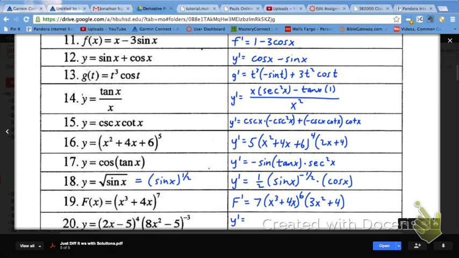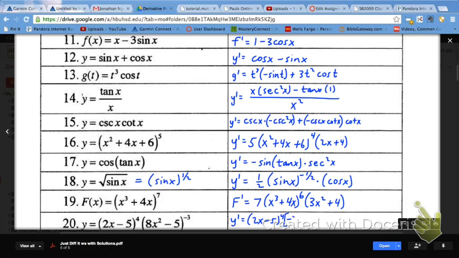The derivative of the product is the first function, again, which is here in this case 2x minus 5 to the 4th power, times the derivative of the second function. Well, we have a power here. We have to use the chain rule in that derivative of the second function. So let's use some brackets.